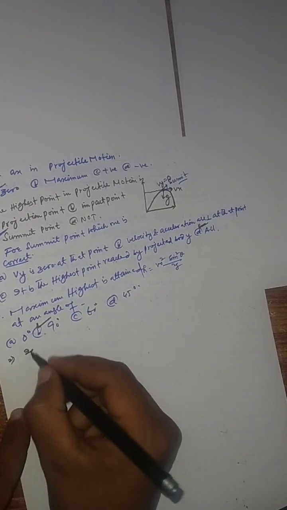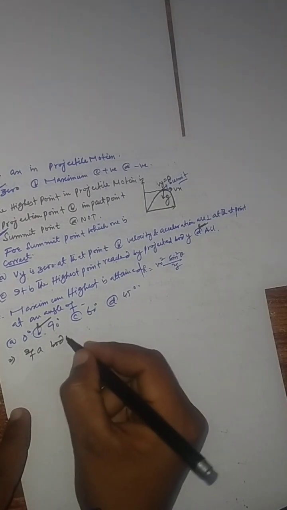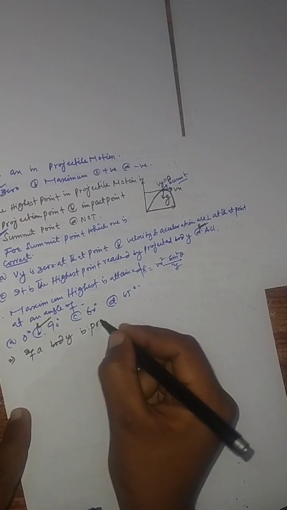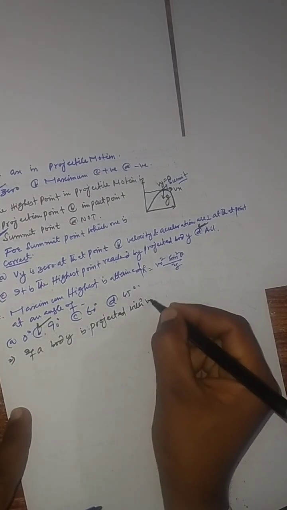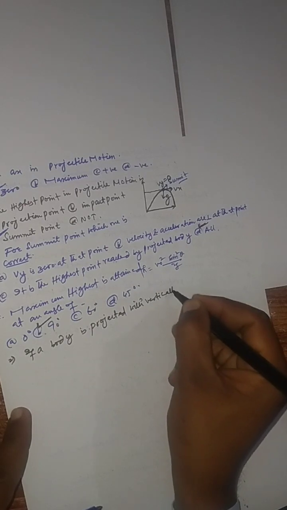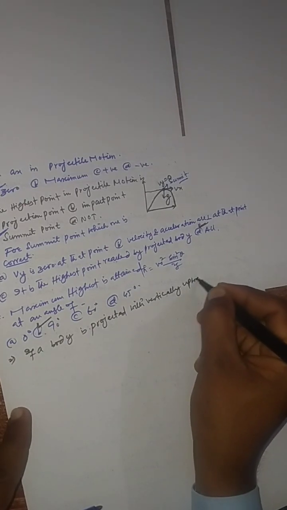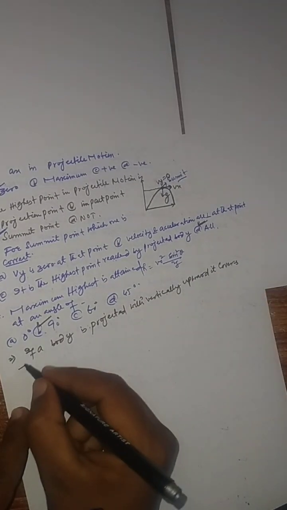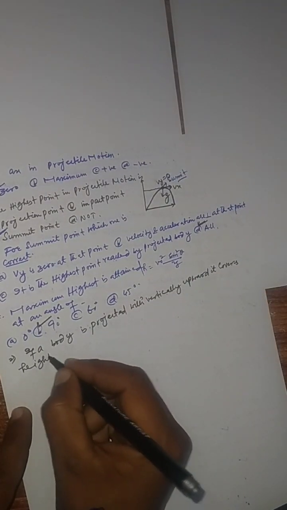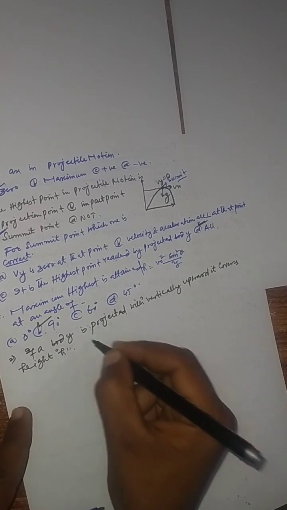Let's say if an object or body is projected vertically upward, it covers height h.